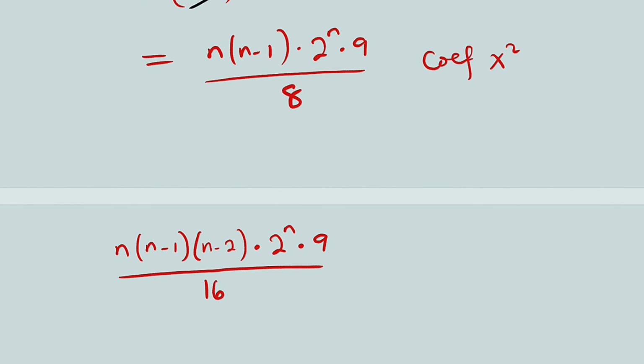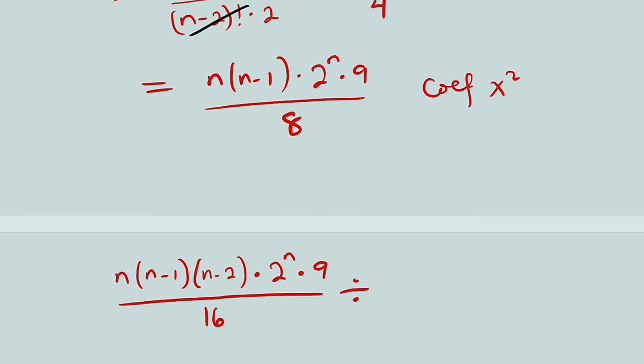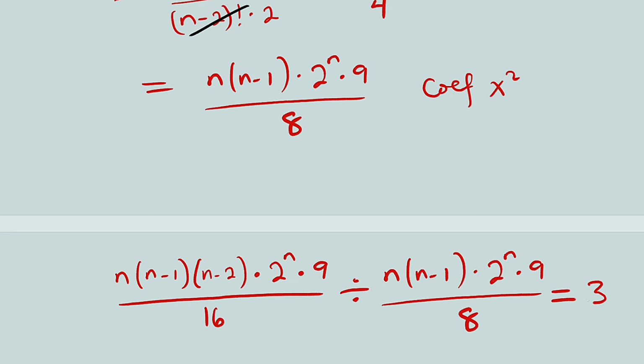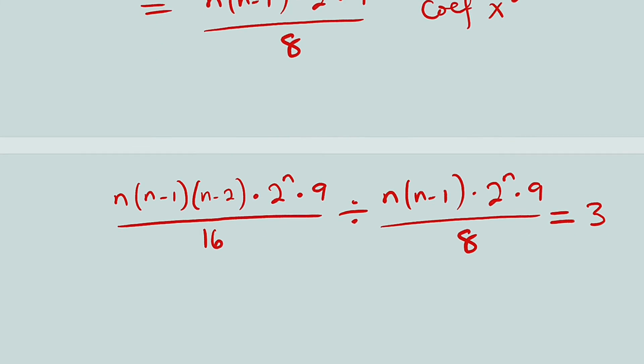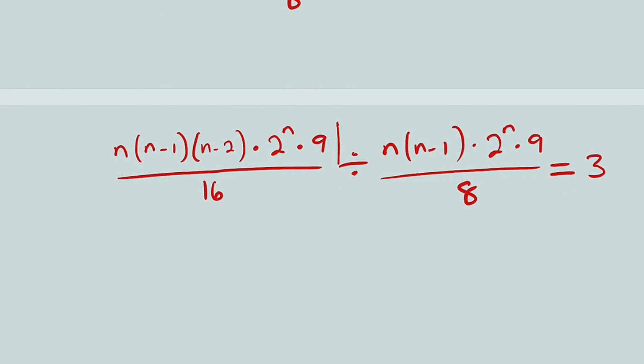If we divide it by the coefficient of x squared, let me copy that as well, definitely we are going to obtain 3. That is the logic. You can take the reciprocal of this and multiply instead of divide.